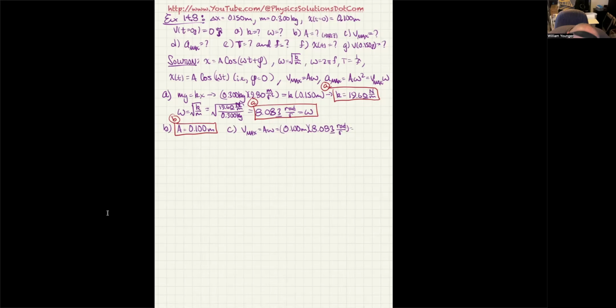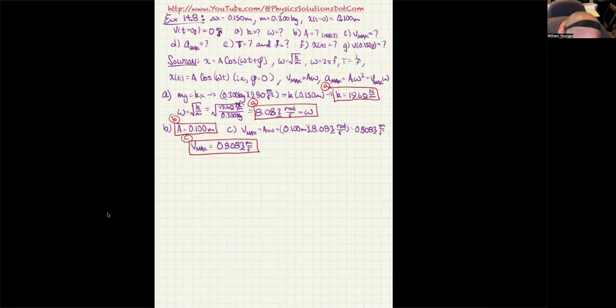And that obviously is going to give us 0.8083 meters per second is our velocity. So Vmax is equal to 0.8083 meters per second. Circle that off as part C.